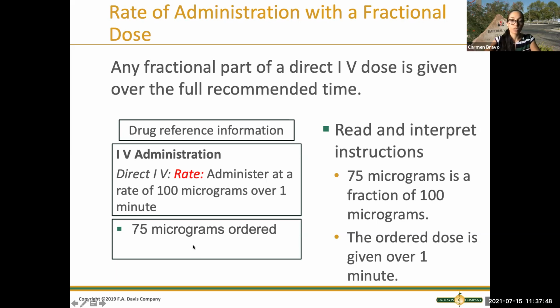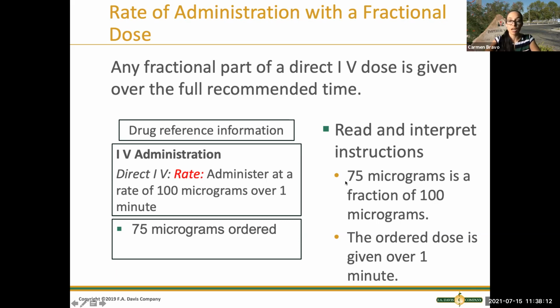We have to be able to interpret the instructions, even though the order is not 100, but a fraction of 100 micrograms. If it's telling me 100 micrograms over a minute, the 75 micrograms will still fall within that fraction of 100.